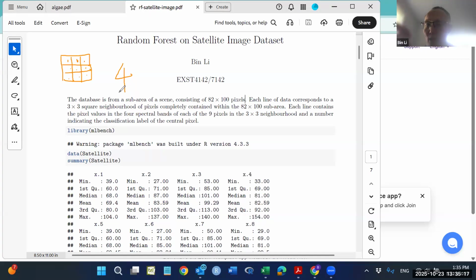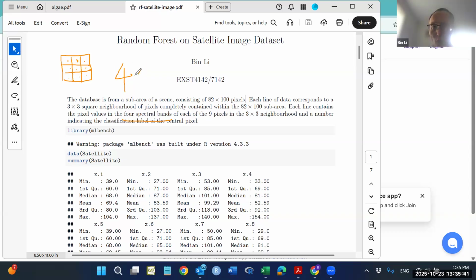This is an image from the satellite, so it has 4 spectrum bands from the red to the blue. For each spectrum band, we have readings for each of the 9 pixels.